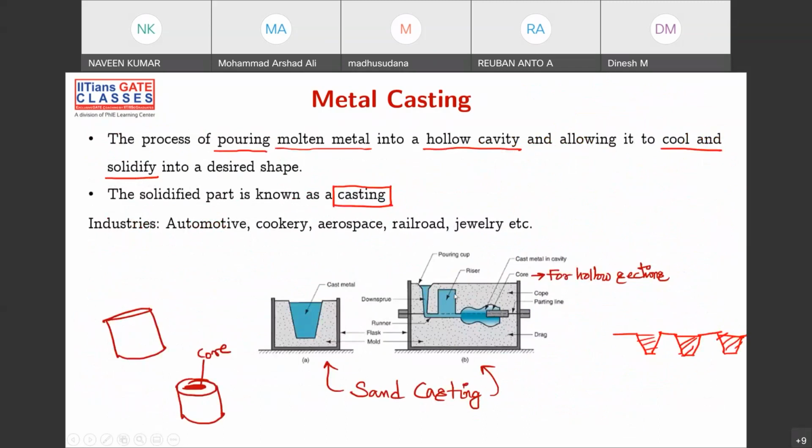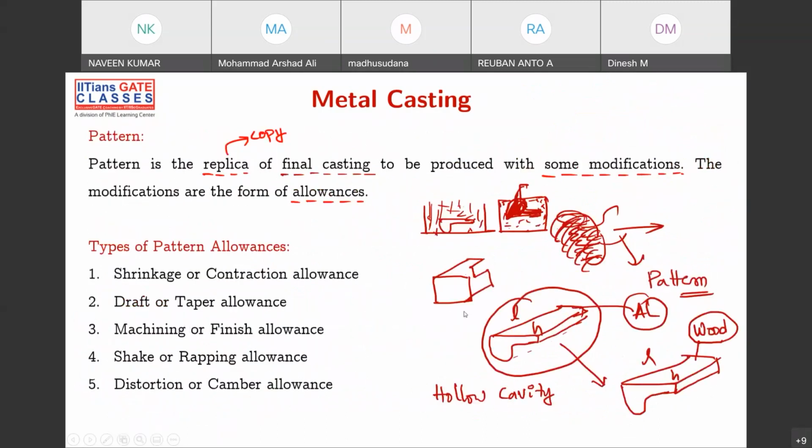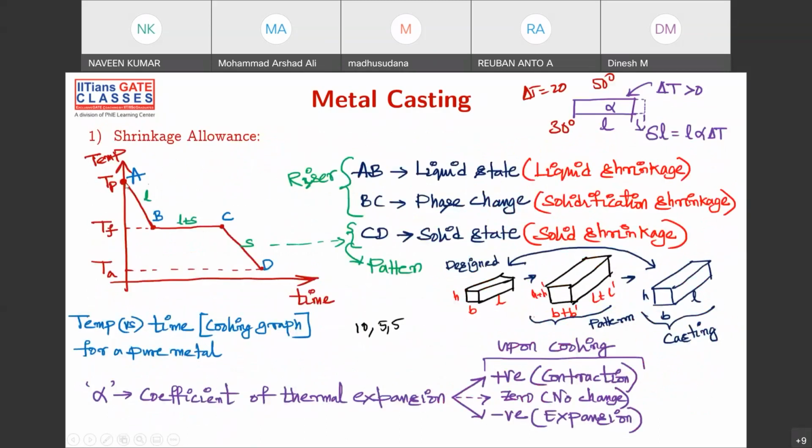Why is a riser used? Because if your liquid metal is cooling, that's okay. If it is from A to B, some other liquid can be compensated. Some liquid should be there to compensate it.